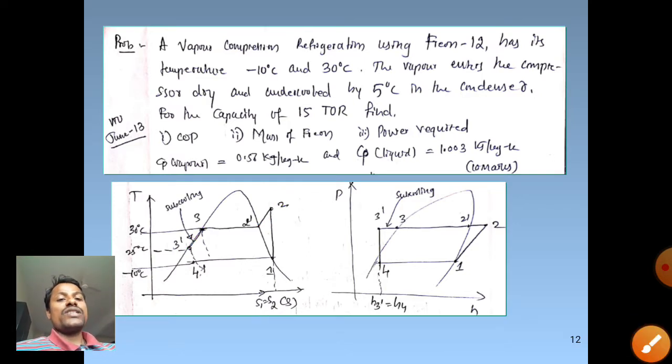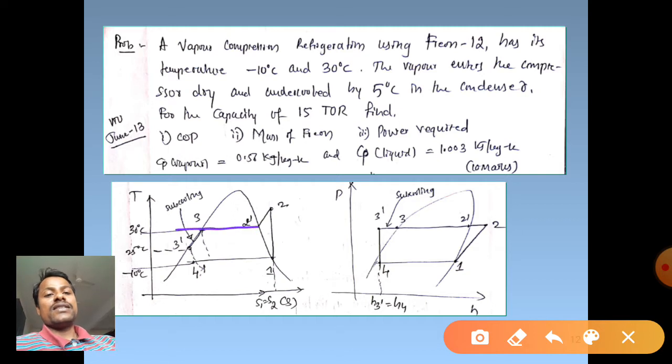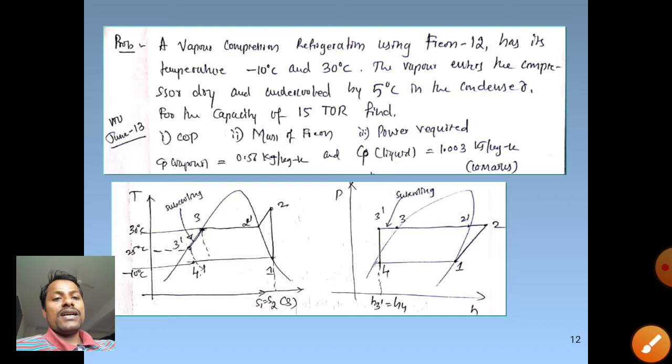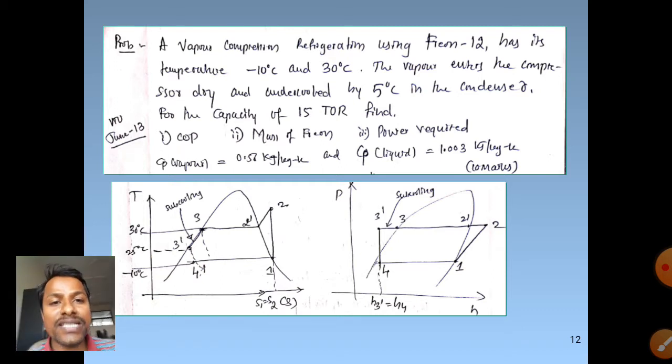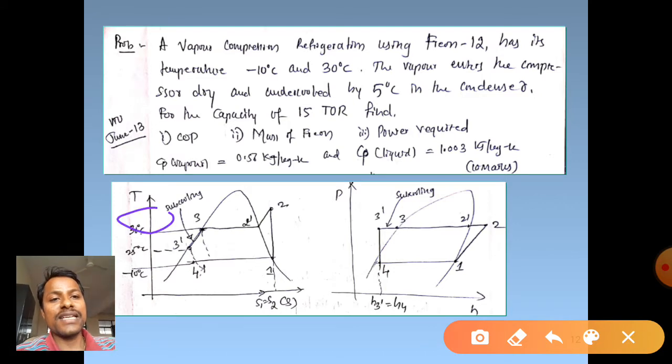Now the condenser temperature is 30 degree Celsius. What is the degree of undercooling? It is undercooled by 5 degree Celsius, that is, its temperature is decreased by 5 degree Celsius. Now here we have 30 degree Celsius, it is to be undercooled by 5 degree Celsius. 30 minus 5 is 25 degree Celsius, means it is undercooled till 25 degree Celsius. That is, T3 dash is 25 degree Celsius.